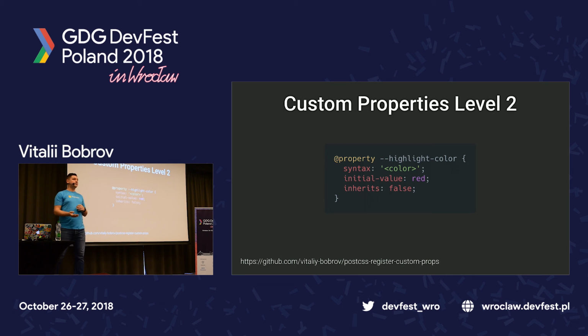And what I did, I created a PostCSS plugin to transform CSS declarations to JavaScript ones. So you can check it out, and just yesterday the Houdini committee agreed that this will be done in the next level of the API, so the syntax won't change, and you can try this new feature right now with the PostCSS plugin.